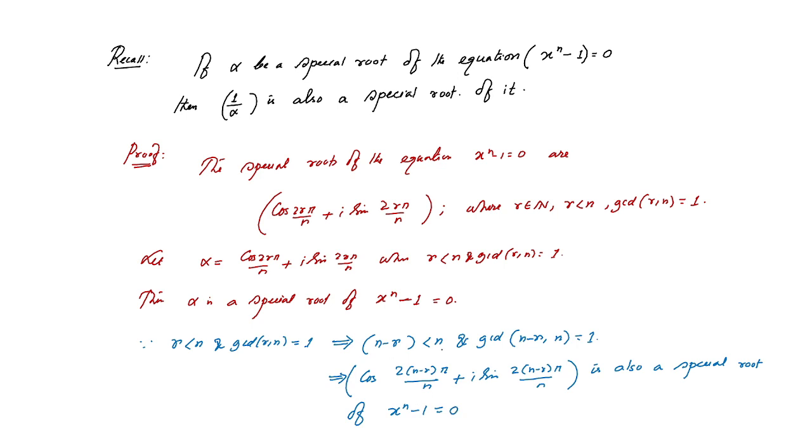Because n minus r is less than n and GCD of n minus r and n is 1. This is the condition to be a special root.